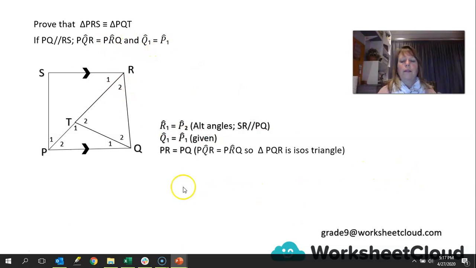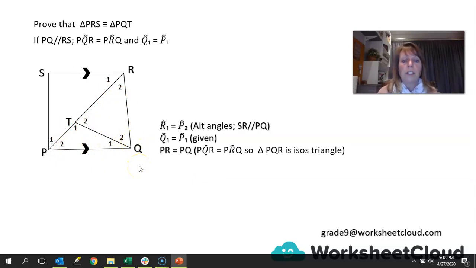Okay, the next thing is PR is equal to PQ, because PQR and PRQ, so the triangle PQR is an isosceles triangle. Okay, let's have a look. PQR is an isosceles triangle because that angle and that angle are equal, and that means, oh sorry, that angle and that angle, that angle and that angle are equal, so that's an isosceles triangle.